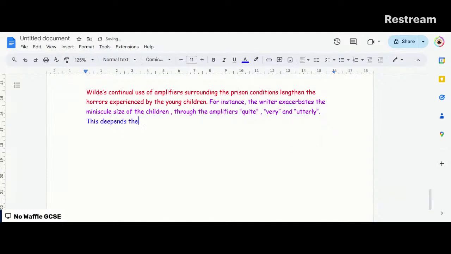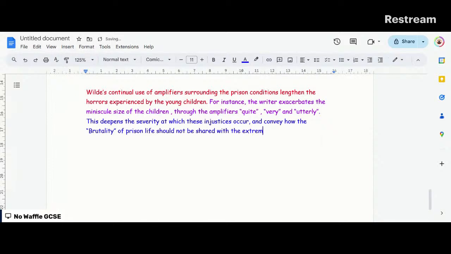This deepens the severity at which these injustices occur, and conveys how the brutality of prison life should not be shared with the extreme youth.